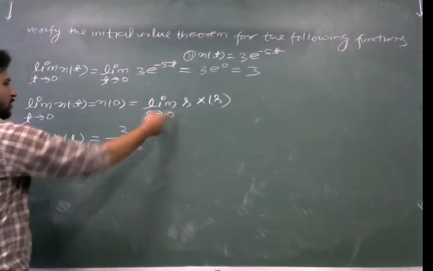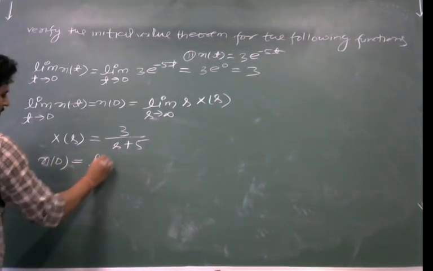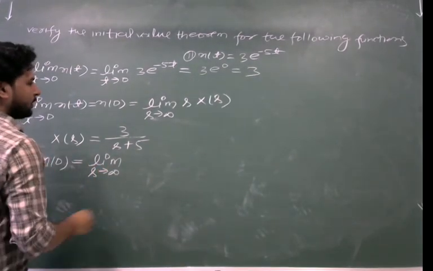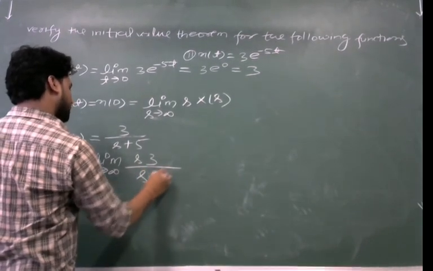So putting the value of x of s here, x of 0 will be equal to limit s tends to infinite s into 3 by s plus 5.